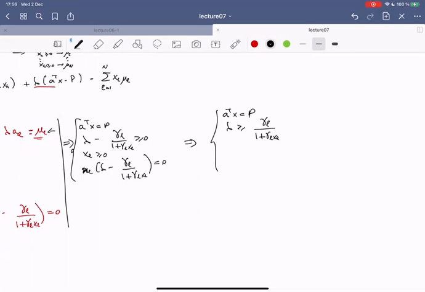Okay, nothing changed. x_l greater or equal than 0. And then again the last expression, x_l times (lambda minus gamma_l over 1 plus x_l gamma_l) is equal to 0. Good. Okay, done.